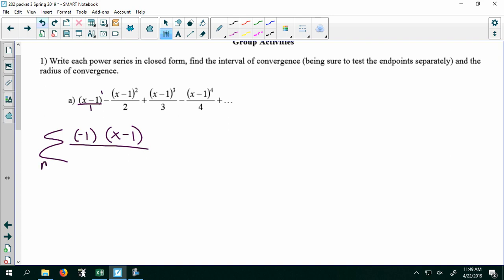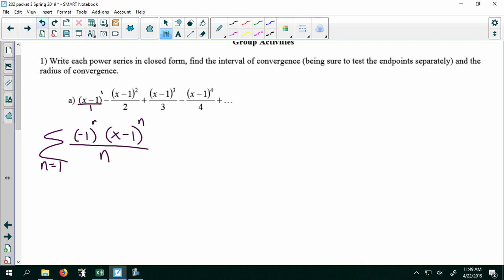So if I started at n equals 1, then my exponent on x minus 1 is n, and my denominator is n. So that would make my first exponent denominator pair be 1, and then 2, and then 3. Okay, so now I have to decide what exponent do I put on the -1. I want my first term, my x minus 1 term, to be positive.